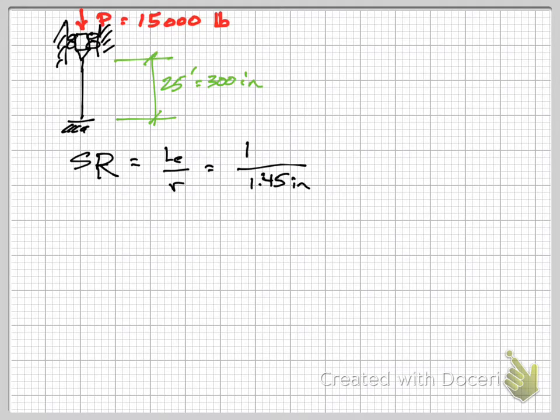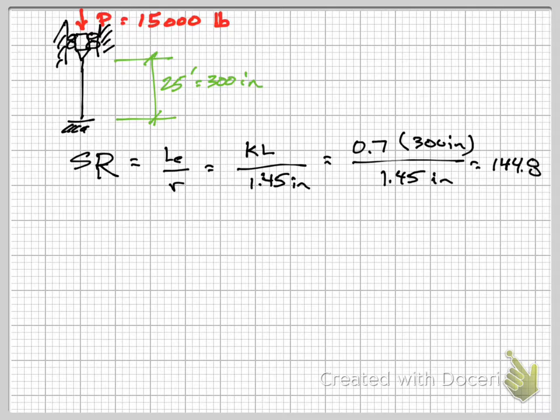Our Le is going to be KL, which because of the end conditions is 0.7 times 300 inches over 1.45. I get 144.8. So my slenderness ratio, if I answered the question, is 144.8.